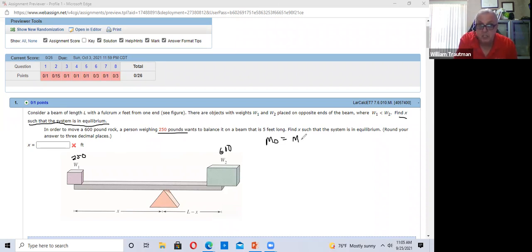Your mass times your distance for the first weight plus your mass times your distance for your second weight, and these two have to equal 0.